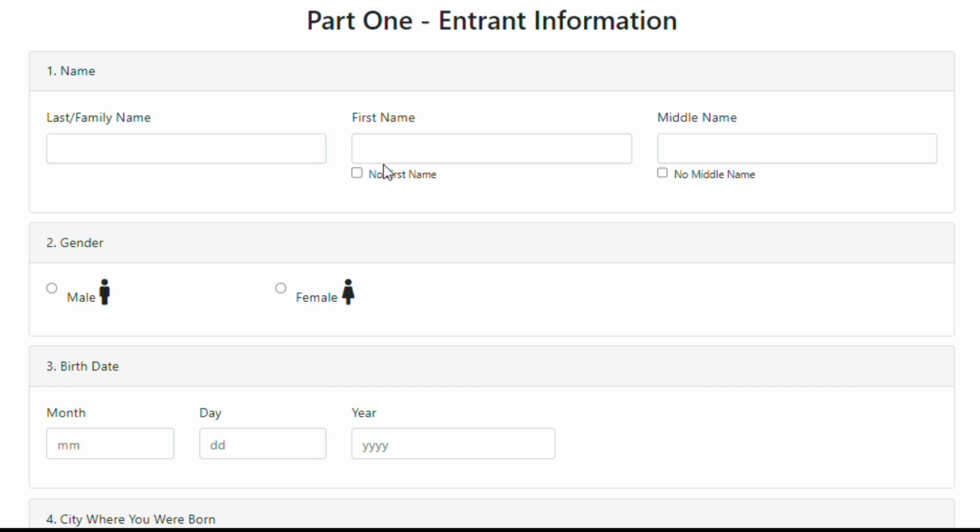Others have 2, but the majority have 3 names, whereas others have even more than 4 names. But how are you supposed to enter these names correctly? Remember guys, I've been telling you that the correct way to enter your names into the DV lottery is by referring to your birth certificate.